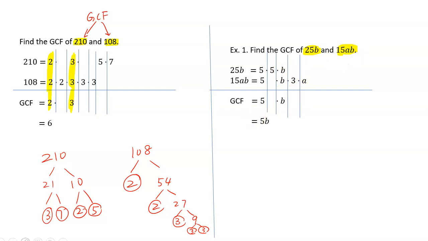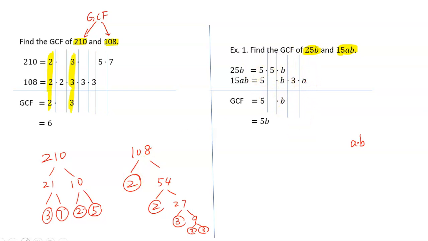Now, the next expression is 15ab. So 15 can be broken down as 5 times 3. So I line up a 5, and I create a new column for 3. And for the variables a and b, notice ab we can break down as a times b. So the b, I'll line up with the b in the first row, but a, because the first row doesn't have a, I'm going to have to create a new column for a.